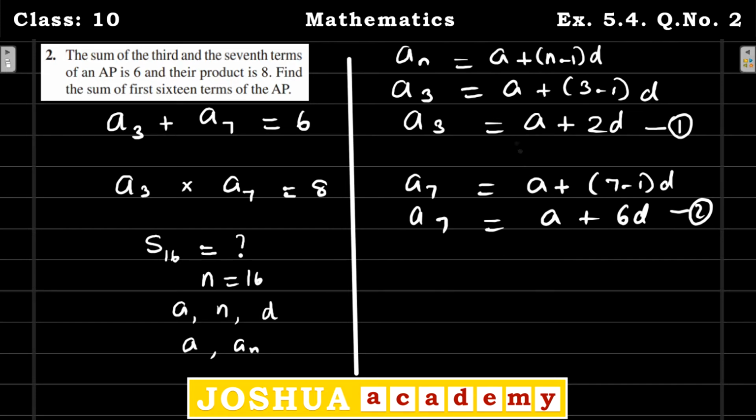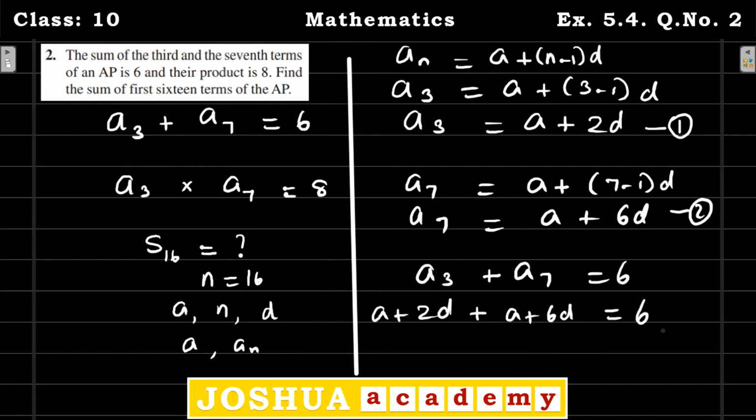I am going to substitute the values of 1 and 2 in that expression. A3 plus A7 is equal to 6. The value of A3 as per equation 1 is A plus 2D, and A7 is A plus 6D. That is equal to 6, or 2A plus 8D is equal to 6.